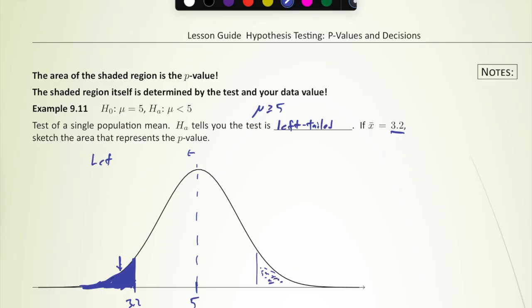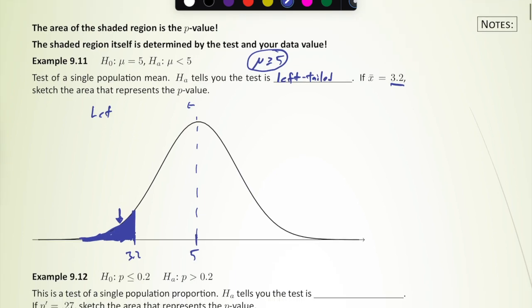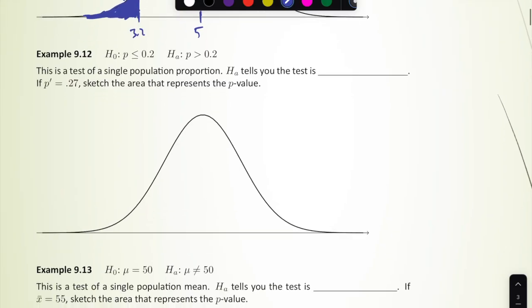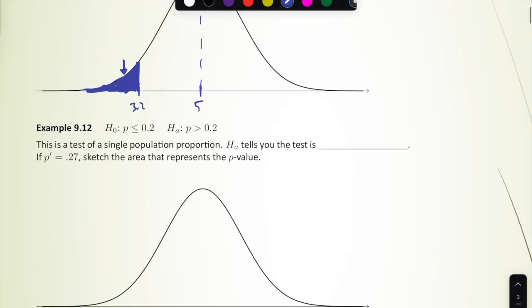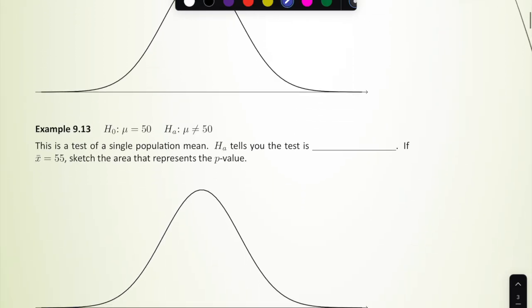Data over here would not disprove this, and so I'm not going to consider that. I'm looking to see if my data disproves the null hypothesis in favor of the alternative. Okay, so go ahead and fill out the rest of these in a like fashion.